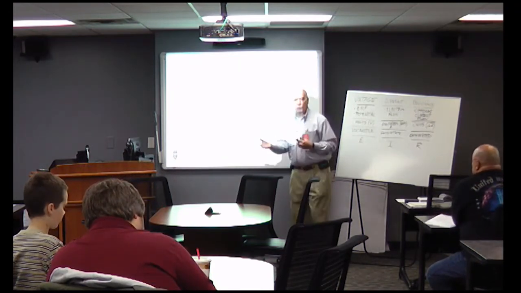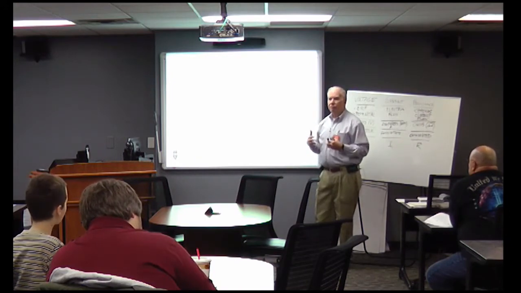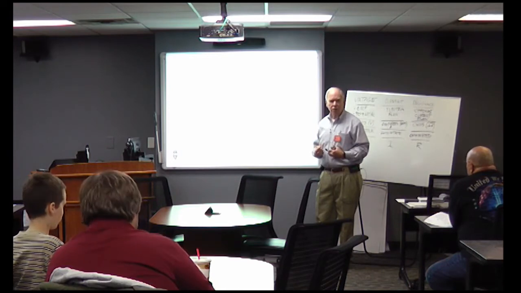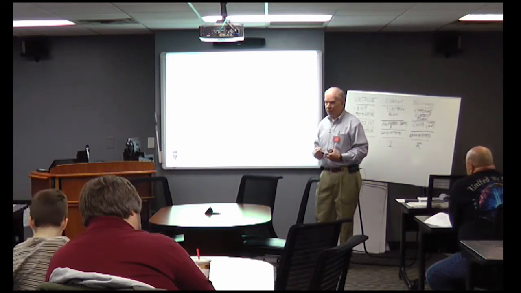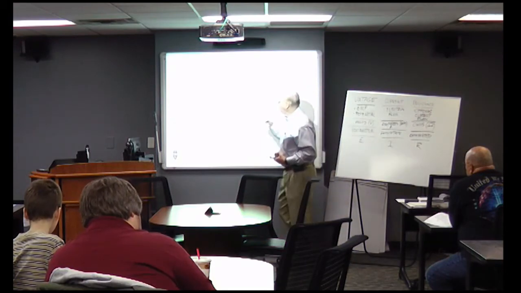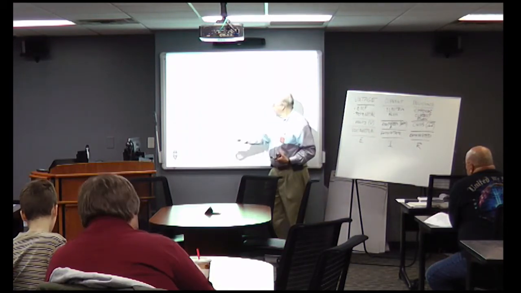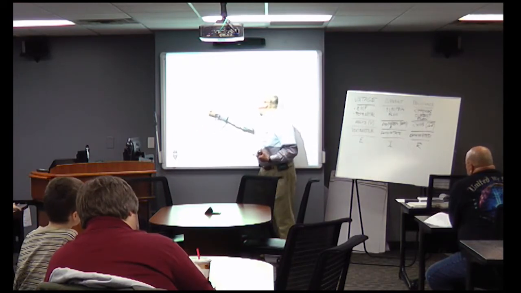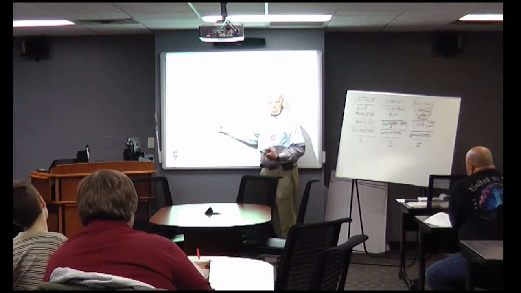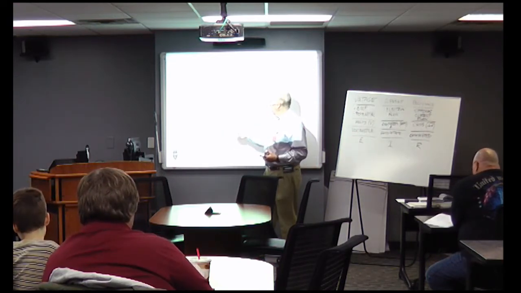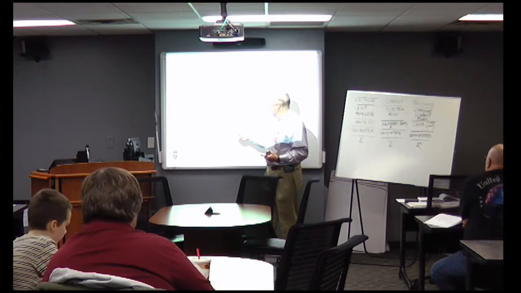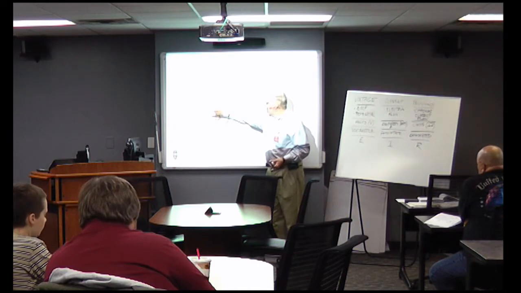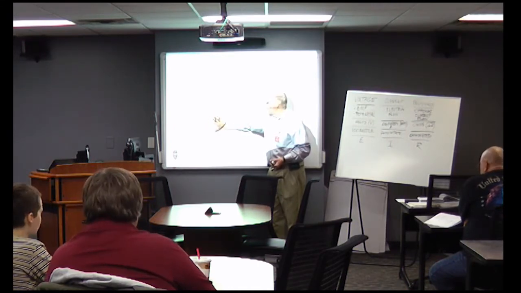If I knew what the voltage and the resistance was in a circuit, and I wanted to know what the current was, in this case, what I don't know is the current. If I were to cover up this, I could determine the current by dividing the voltage by the resistance. If I knew everything but the resistance, I could cover that up and I could find it by dividing the voltage by the current. Okay?